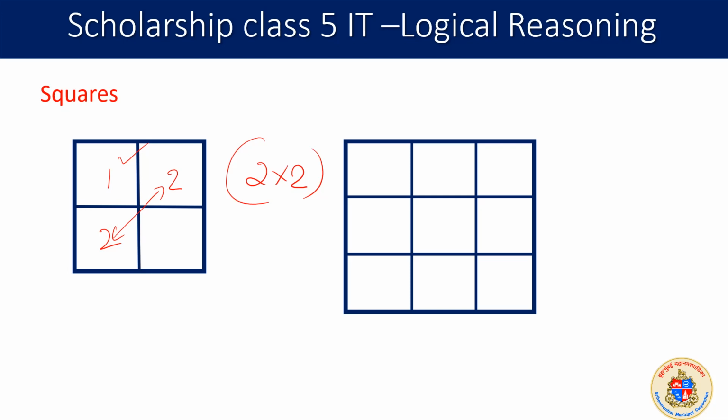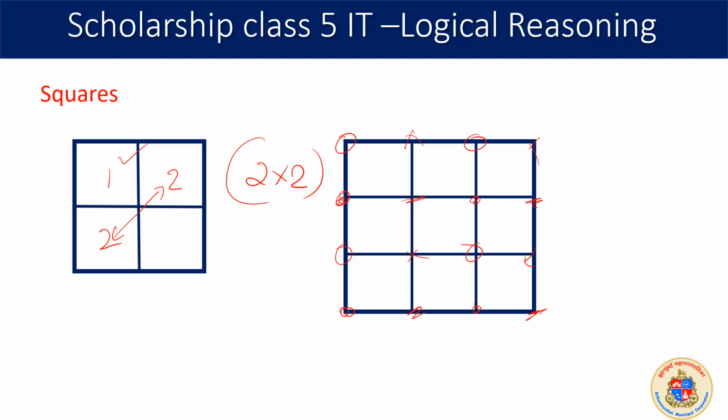But if I name it like this, this also makes a square, this also makes a square, this also makes a square, this also makes a square. The number is increasing. First the big square, then 9 squares, so that made 10.